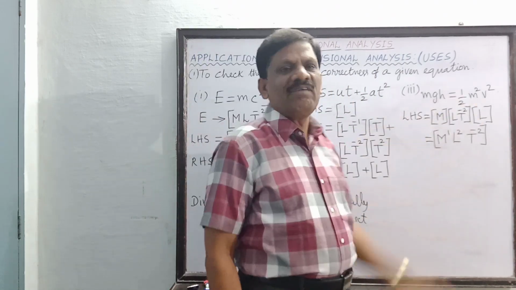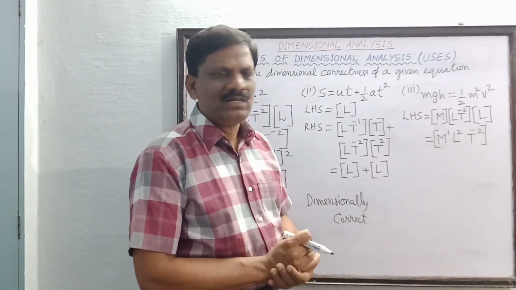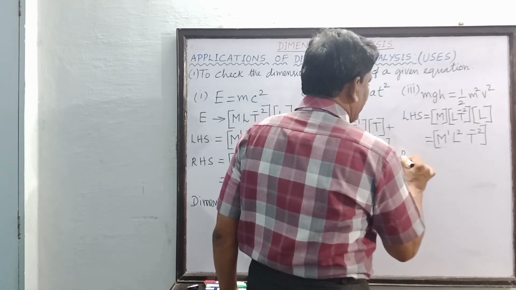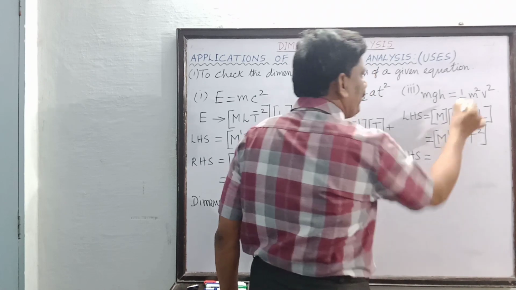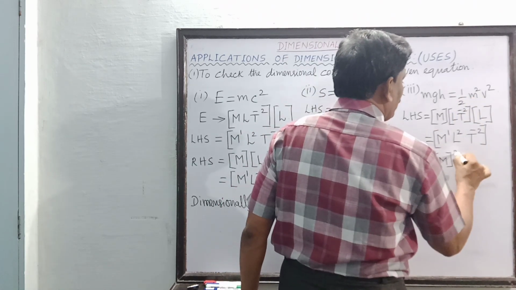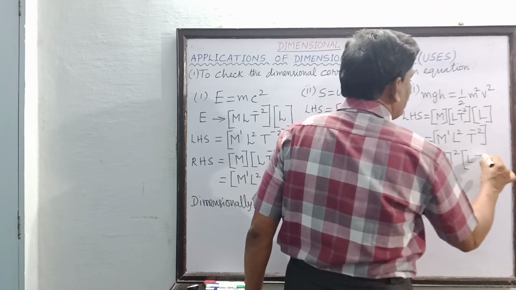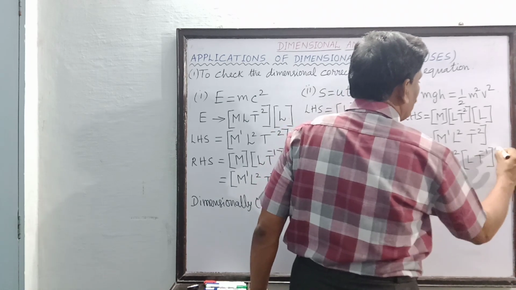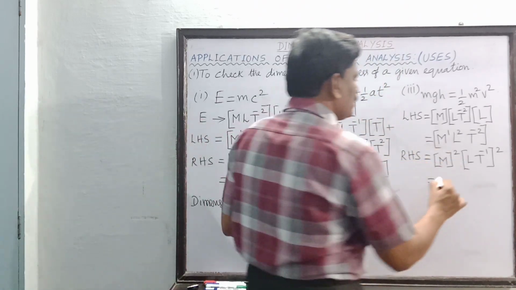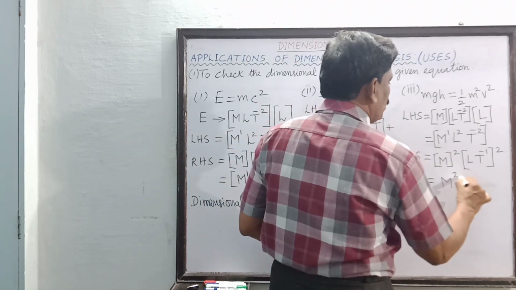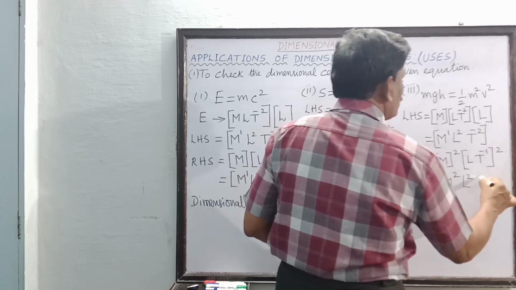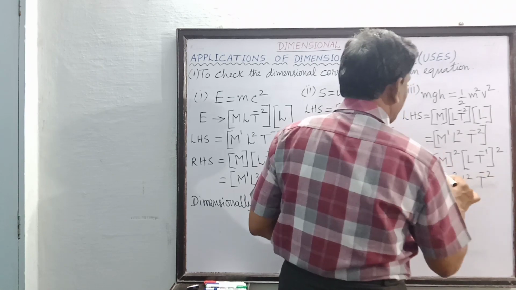Right hand side, this half is a number, it does not have any dimension, and m is mass, v is velocity. So right hand side I will take. RHS is equal to, first term is mass the whole square. So this is mass whole power 2 into velocity square, LT power minus 1 the whole square. So M raised to the power 2 and L power 2, T power minus 1 whole square, that is T power minus 2.